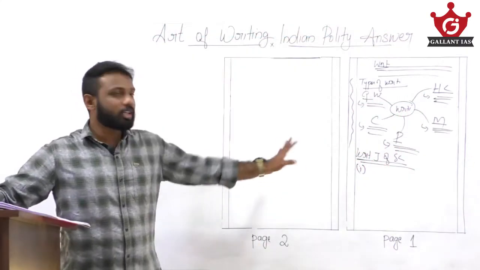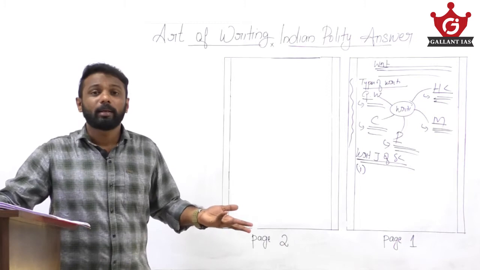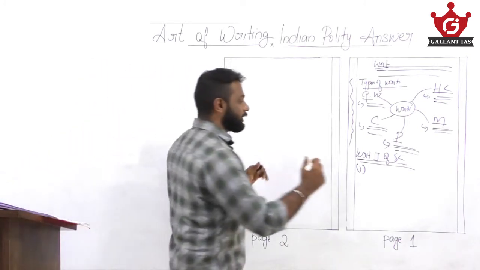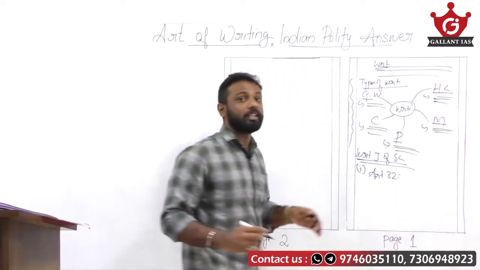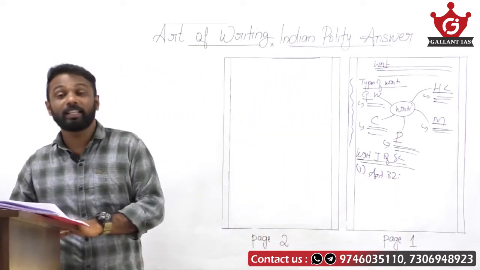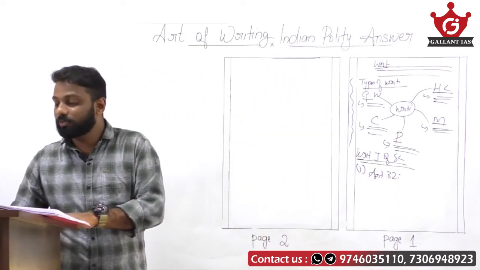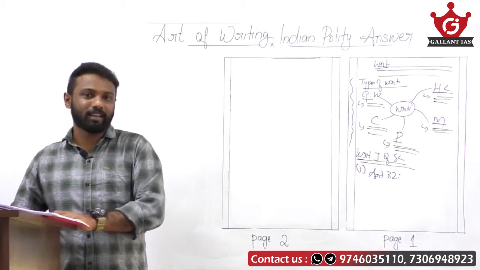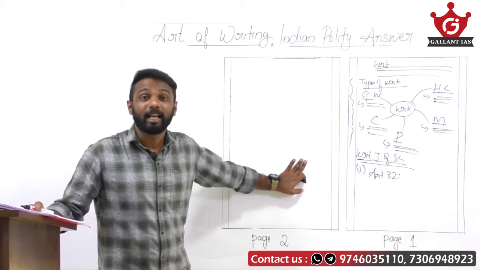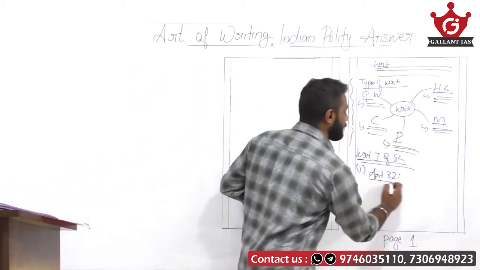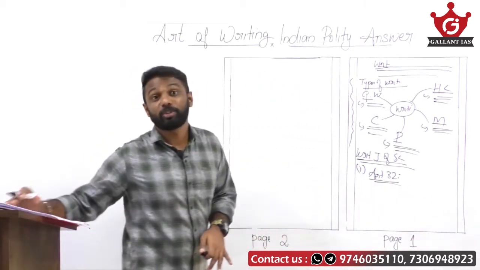So please keep that in mind. Okay, point number 1, Article 32. We know that Article 32 speaks about the writ jurisdiction of the Supreme Court of India. That is, the Supreme Court has the power to issue writs for violation of fundamental rights, and that comes under Article 32, that is, the right to constitutional remedies.